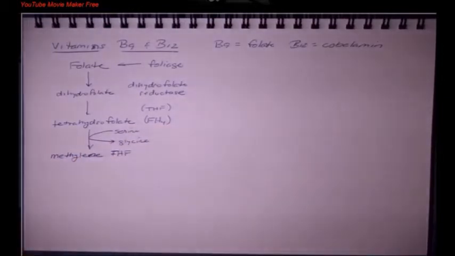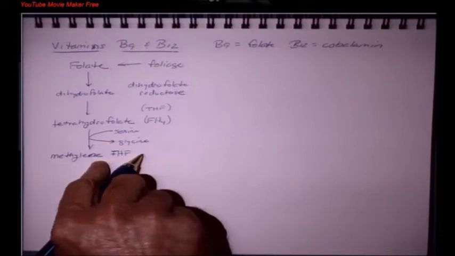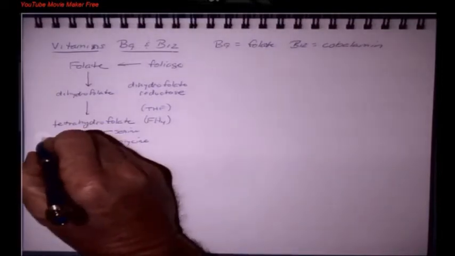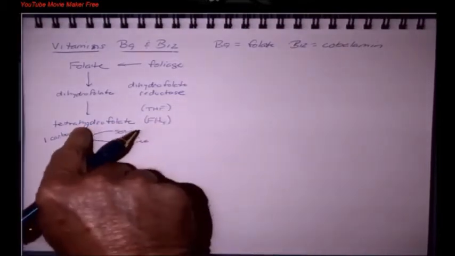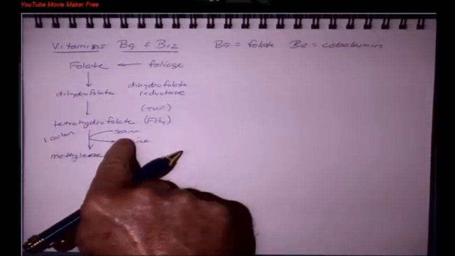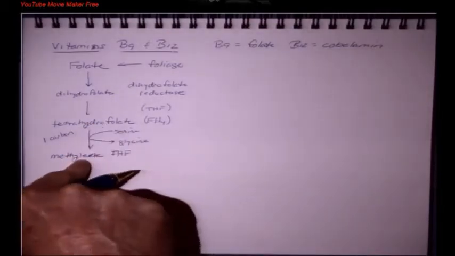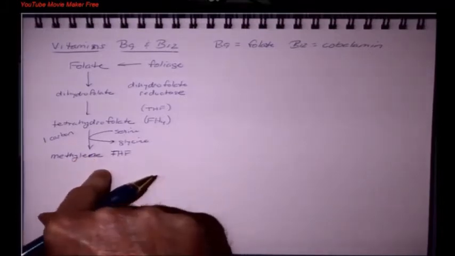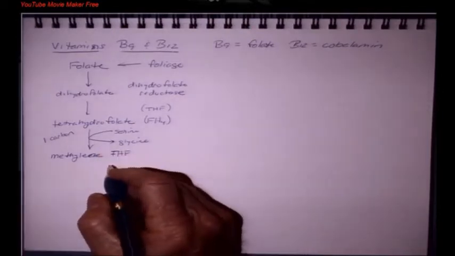What's important for you to know here is that we are taking tetrahydrofolate and adding one carbon. So one carbon atom is going to be added to the tetrahydrofolate to form the methylene tetrahydrofolate form, and we're getting this one carbon from serine, converting it to glycine. So this is involving one carbon transfers. We're taking one carbon, charging up this molecule, and now this molecule is available for doing the one carbon biochemistry. So methylene tetrahydrofolate now becomes a cofactor.